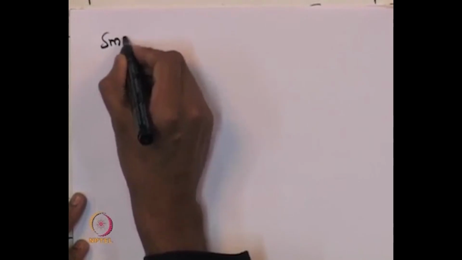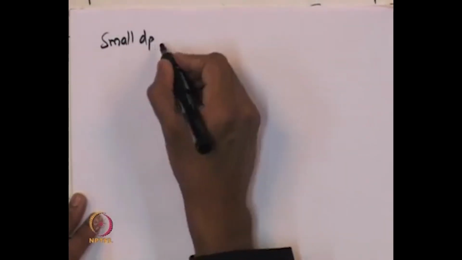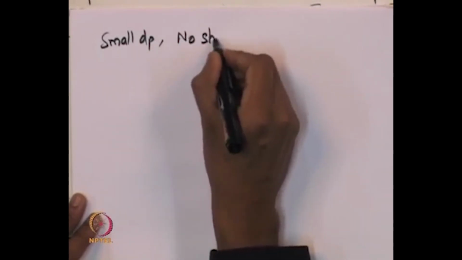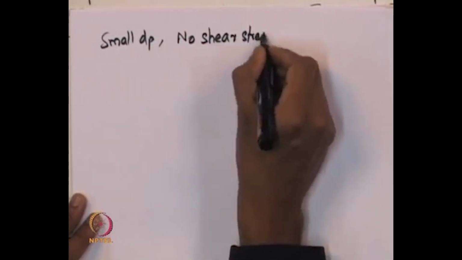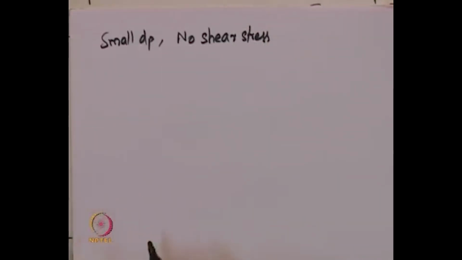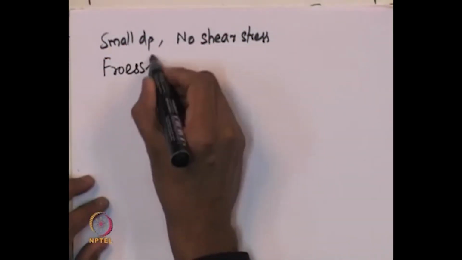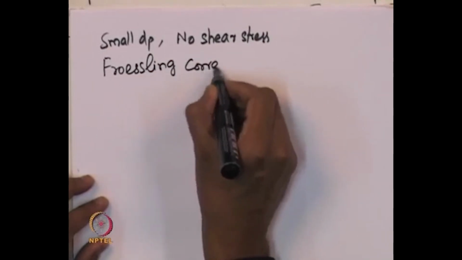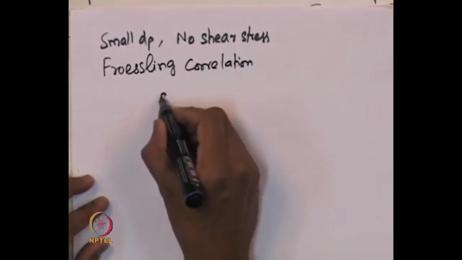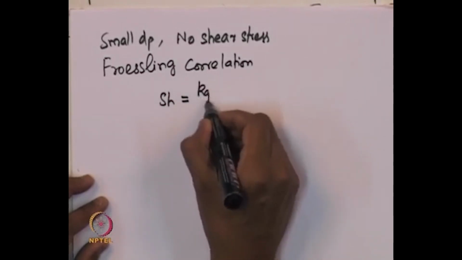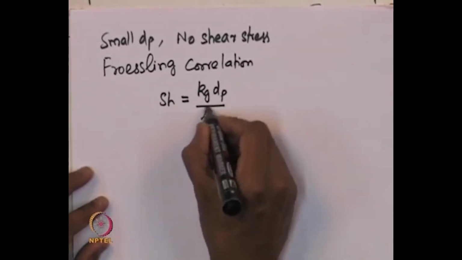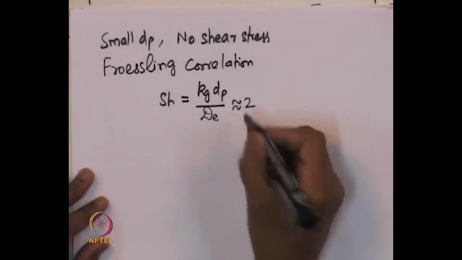Suppose we assume that the particles are small, so under small dp, and if there is no shear stress at the boundary of the fluid and the solid, then using the Frössling correlation, we can find that the Sherwood number, which is equal to the mass transport coefficient times the diameter of the particle divided by the corresponding diffusivity, is approximately equal to 2.